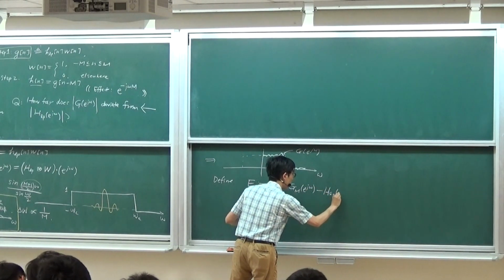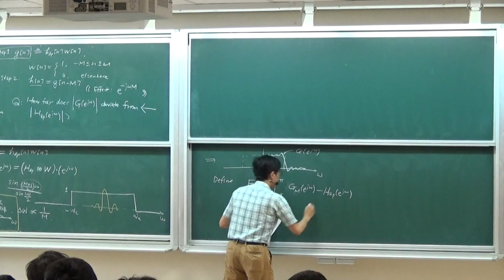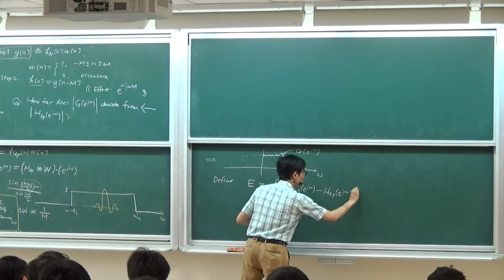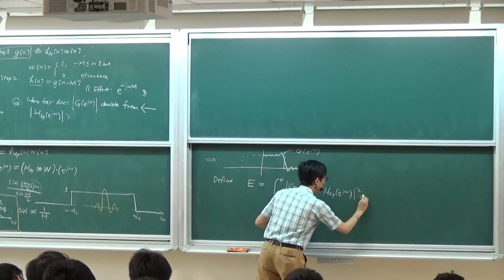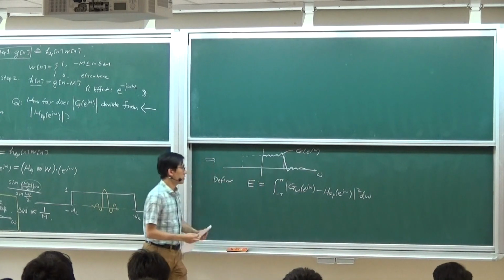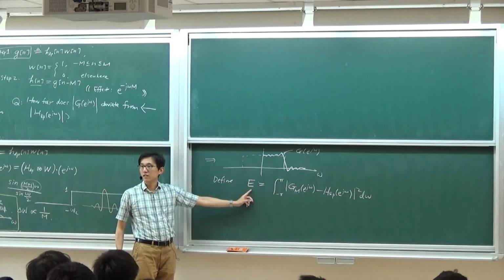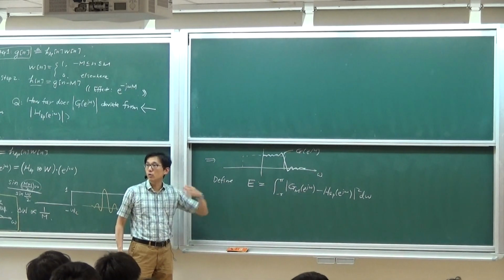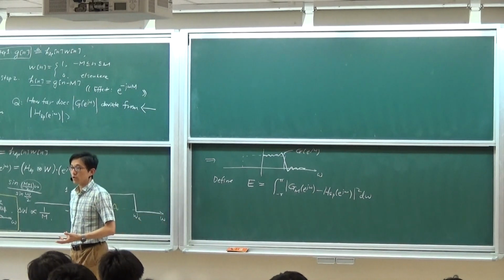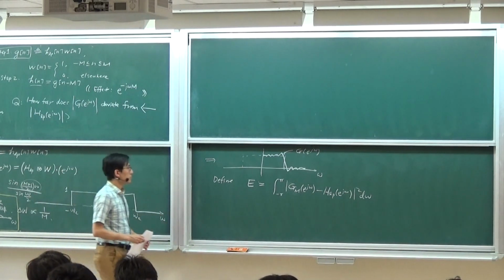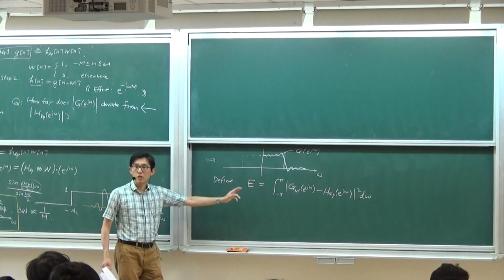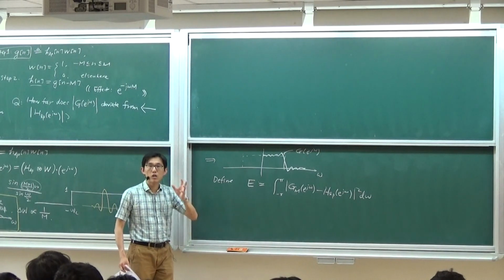We take the difference, and take the total energy of that difference, and we integrate over all omega. This is an objective function which you want to minimize.